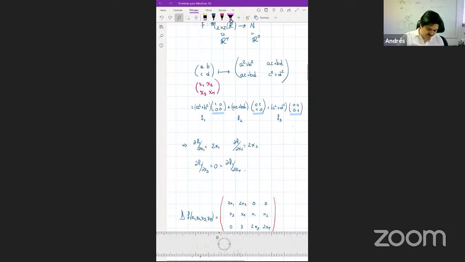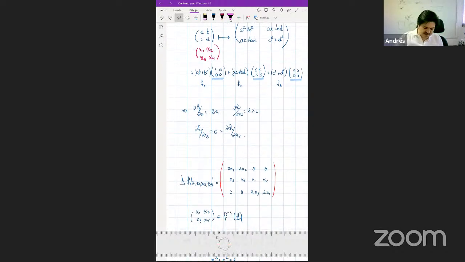Remember that this represents a matrix here. So that will be the zero matrix, and then the Jacobian will be zero. So I only care about matrices in here.